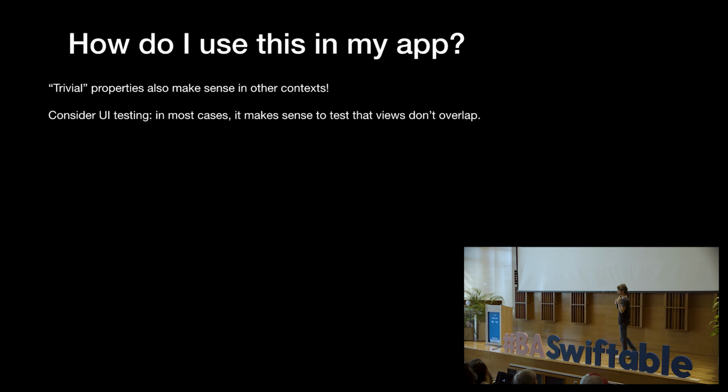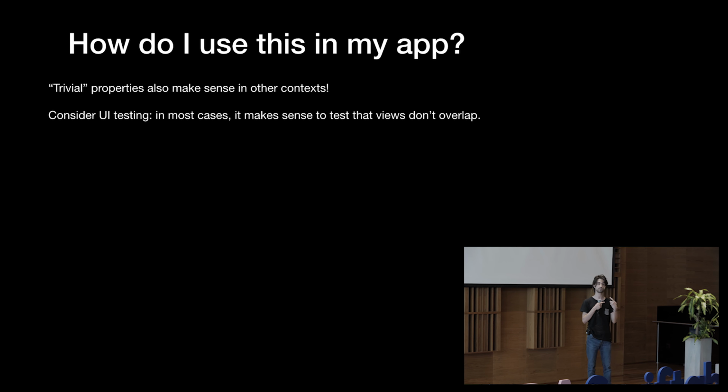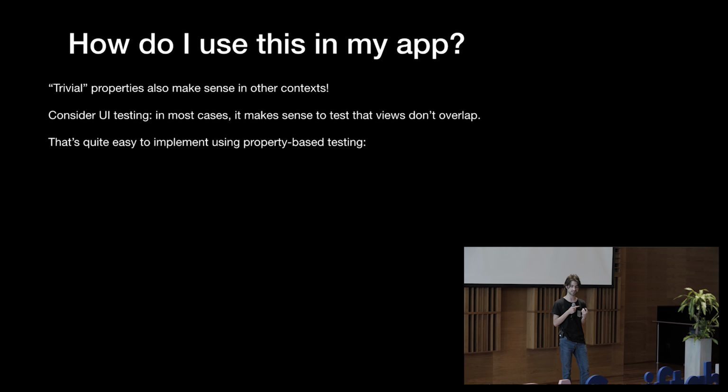For instance, UI testing is something that is often costly to do, but you can think of very simple things, like in most screens, it doesn't make sense for two views to overlap. Well, this is a property that is maybe a bit trivial, but still useful, and it could be very easily implemented using property-based testing.